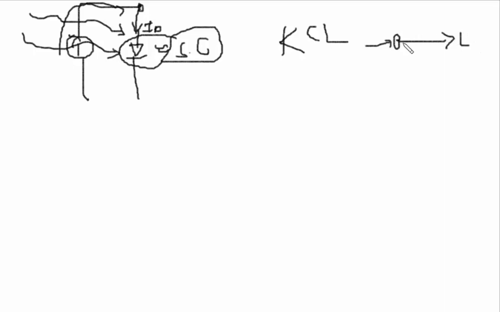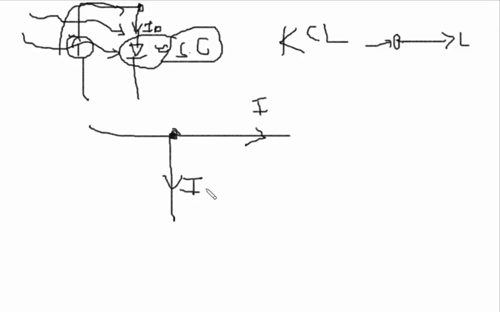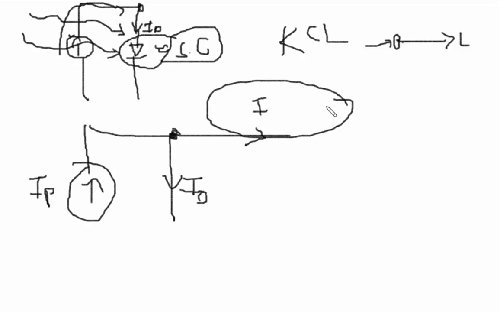Okay, we will see how. So we will make it like this. This is one node. This current, I am getting I. This is the diode current. This is the photon current IPH. So I want to get I. How can I get I?